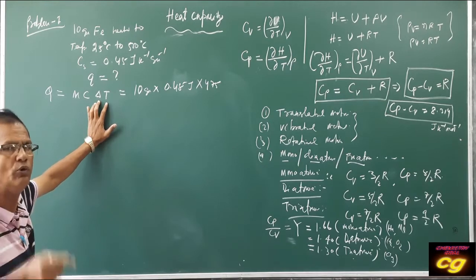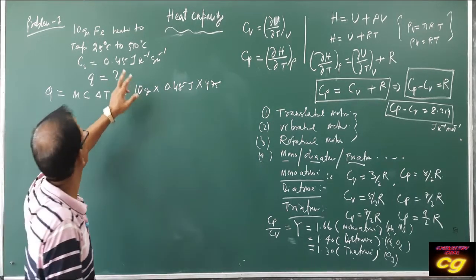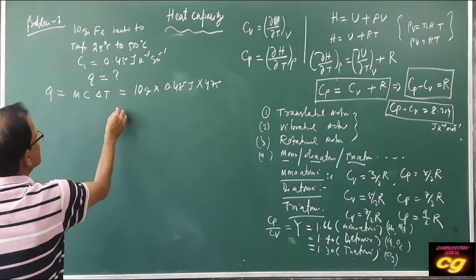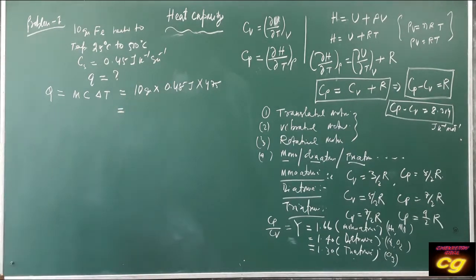That is no problem. Only write the difference, 500 minus 25, that is 475. So you calculate the answer now. Pause the video, write down and calculate the result.